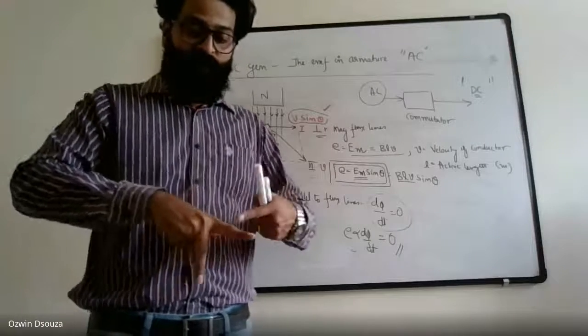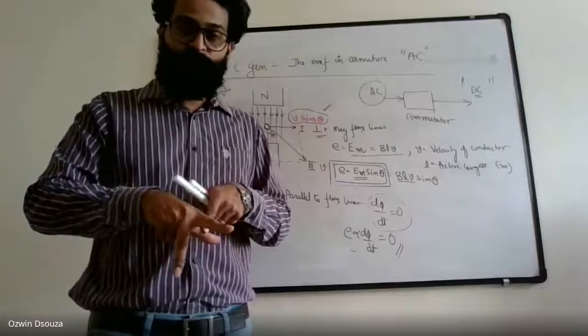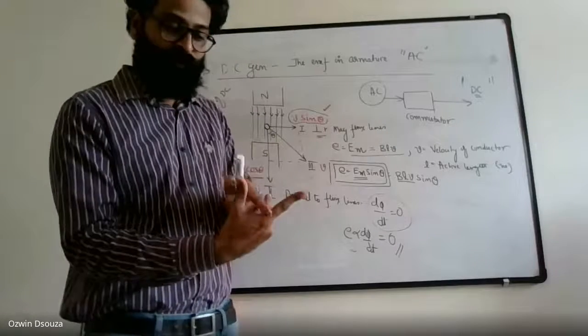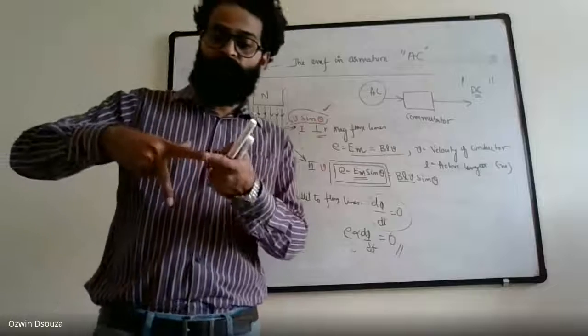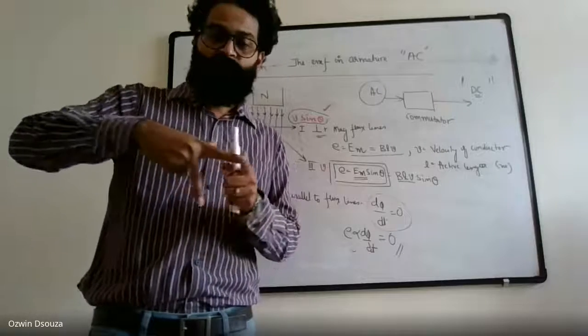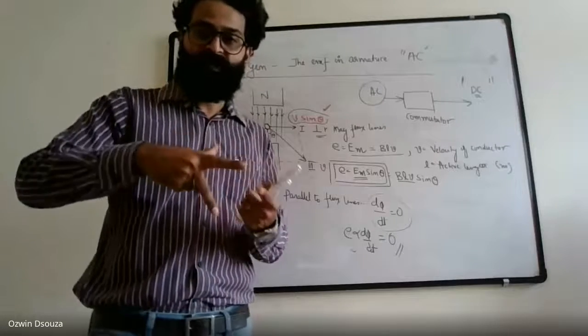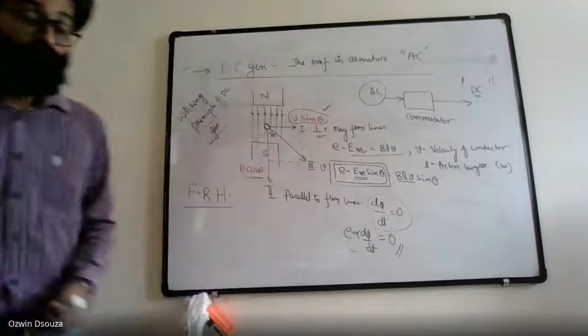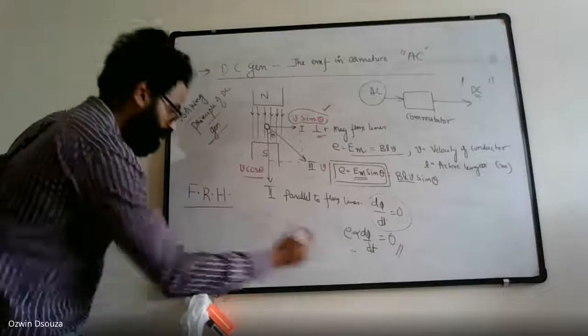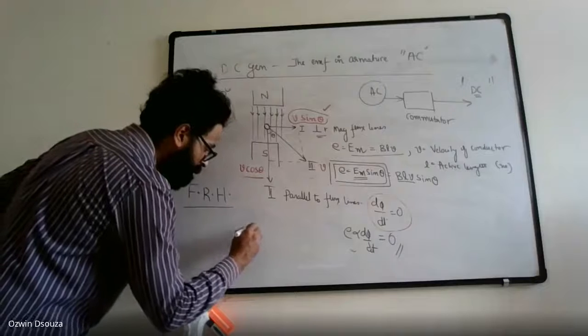Say for example, between my forefinger and thumb, I have a 90-degree angle. Similarly, between my central finger and the forefinger, I have a 90-degree angle. That is what is called mutually perpendicular to each other. Okay, let's say this is your thumb.